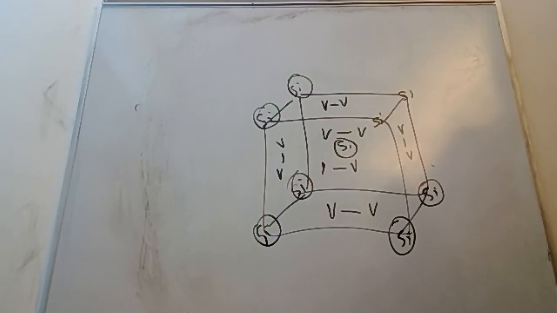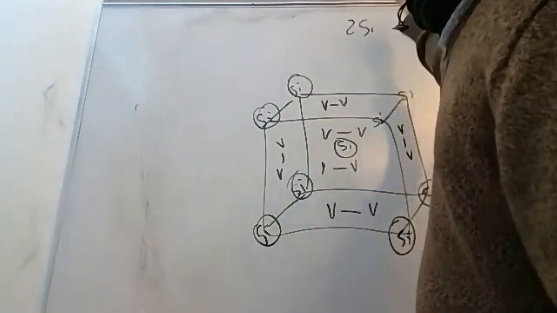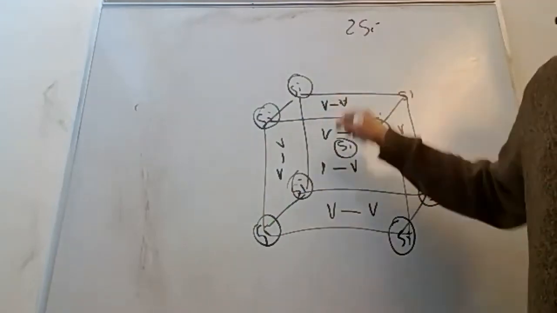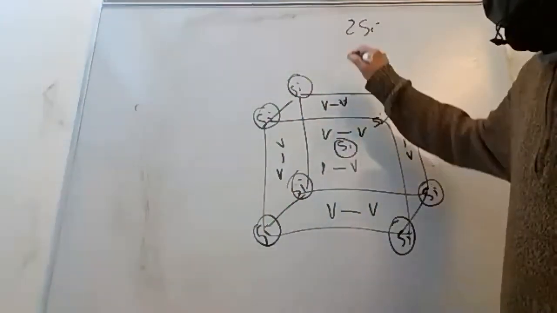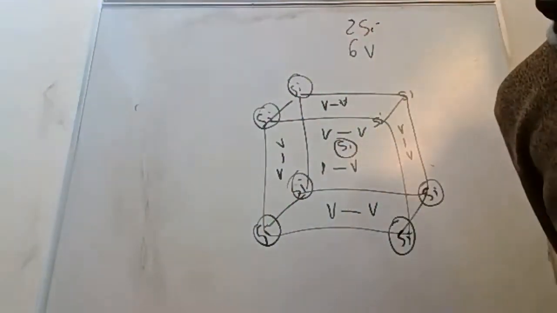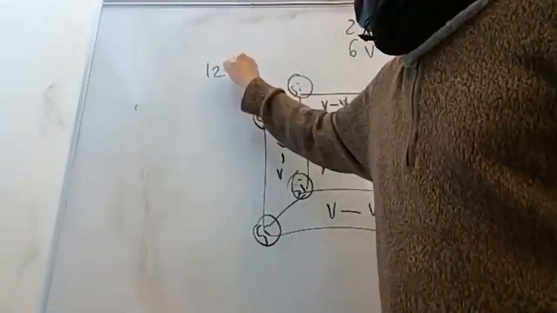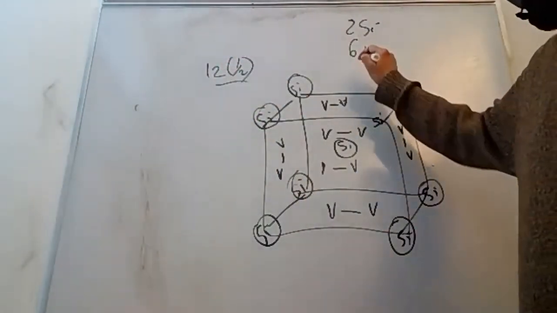So how many effective number of silicon atoms do you have in a body-centered position? Remember, we said for all body-centered positions, the effective number is 2. So we have 2 silicons. Each vanadium pair is shared by 2 cubes, so only 1 vanadium belongs to this. So we have a total of 6 vanadiums now. If you count, there are 12 vanadiums, but since they contribute 1/2, because they're situated in the center of the face, that makes it 6 vanadiums.